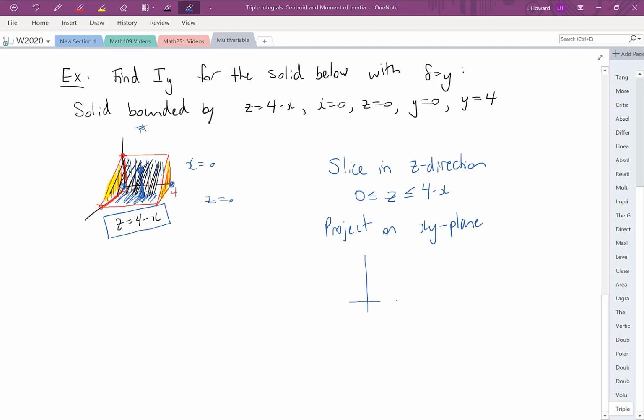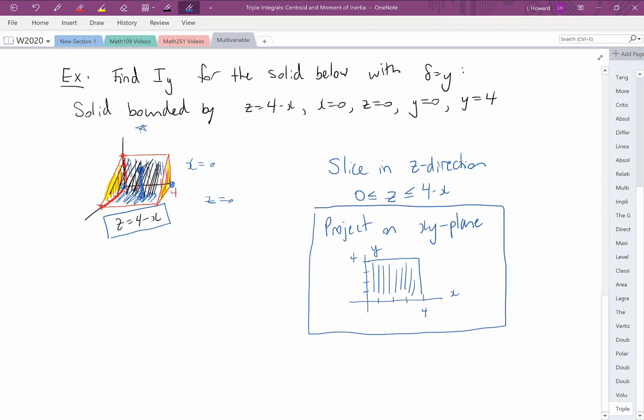You'd actually be getting a rectangle, in fact a square, in the xy plane. So let's just label our axes here. We'd be going up to y equals 4, and we'd be going over as far as x equals 4. Okay, so there's our nice square. It's going to be shaded in. So that's our projection on the xy plane.